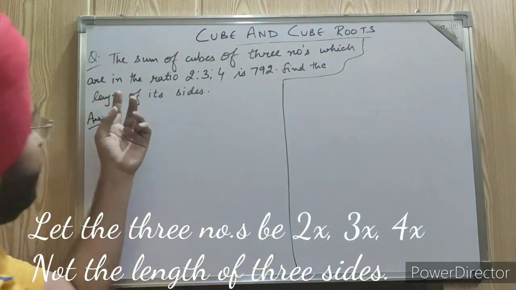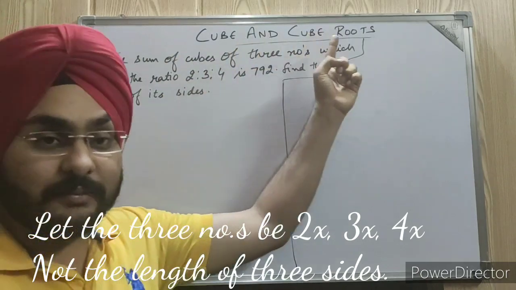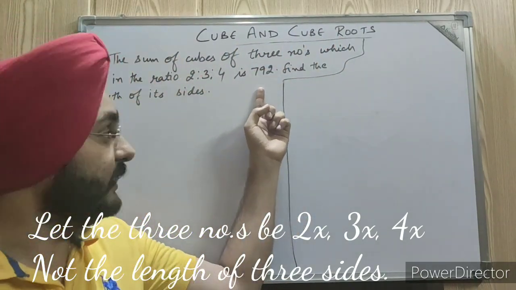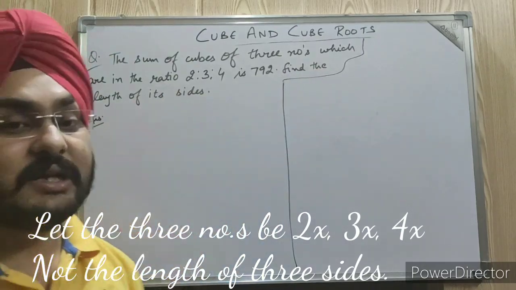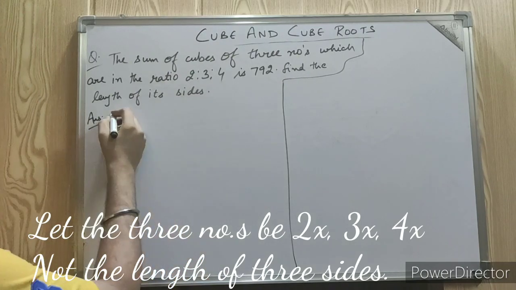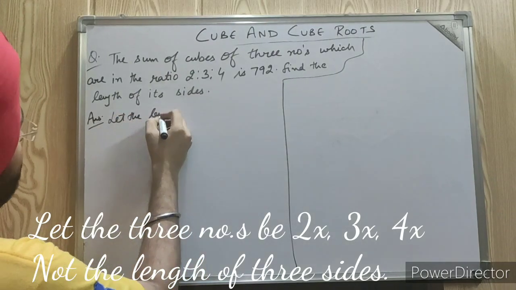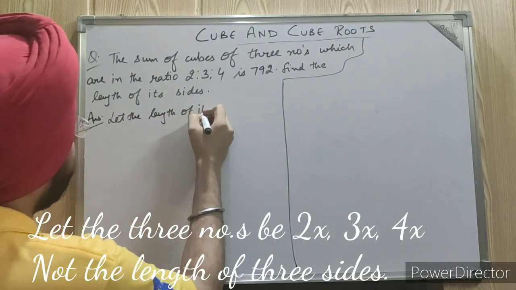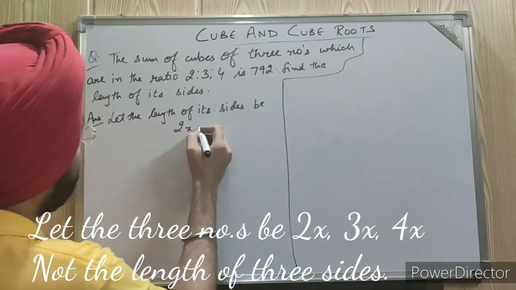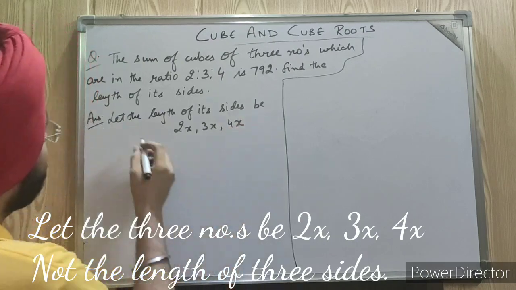Okay, so in the next question we are having: the sum of cubes of 3 numbers which are in the ratio 2:3:4 is 792. Find the length of its sides. Okay, so firstly I will be supposing the sides here. So let the length of its sides be 2x, 3x, 4x.